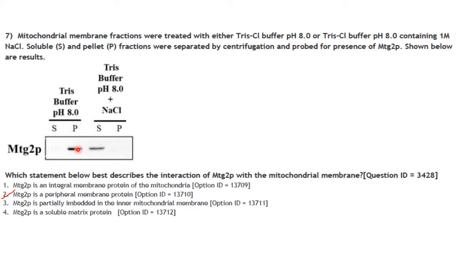But on addition of NaCl, the peripheral membrane protein got separated and entered the soluble fraction. That is why you got a band over here. So the answer here is MTG2P is a peripheral membrane protein. Peripheral membrane proteins are usually isolated using a high concentration of salt solution that weakens the electrostatic interaction holding the peripheral proteins to the membrane.